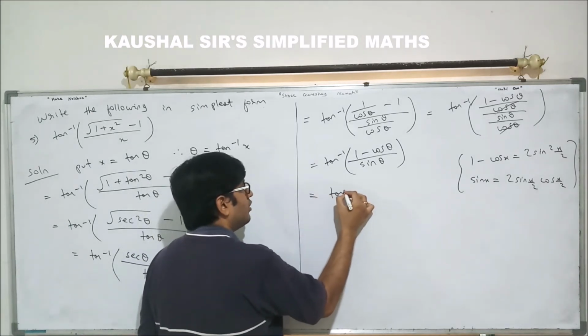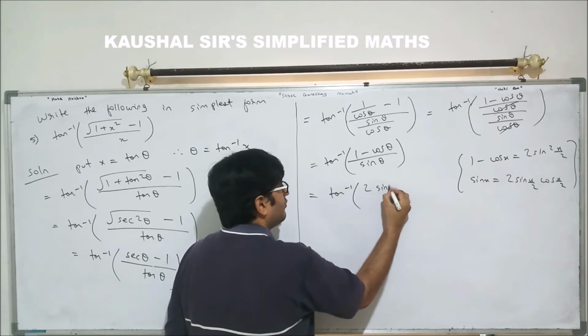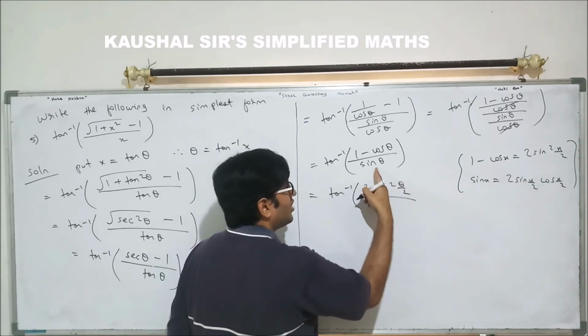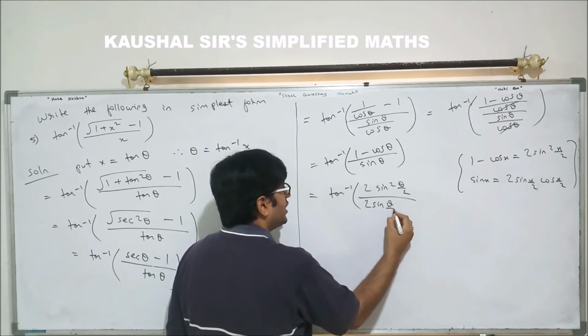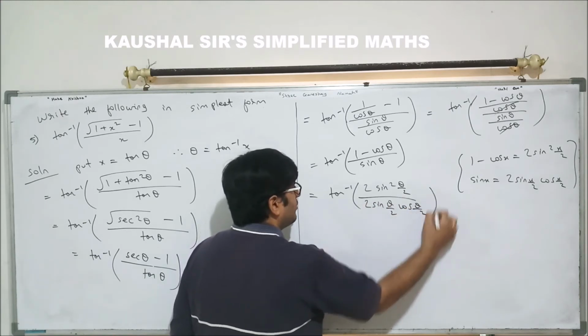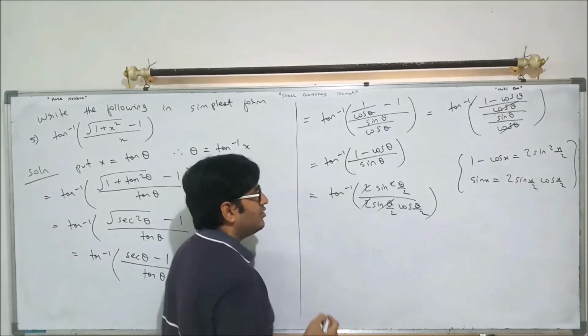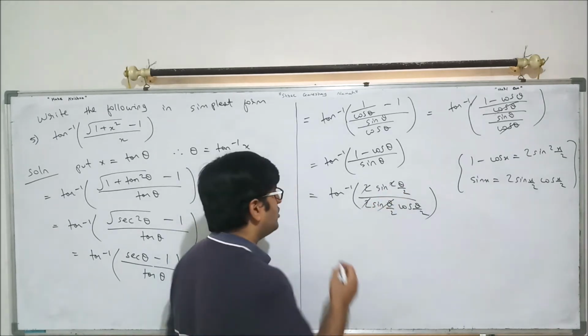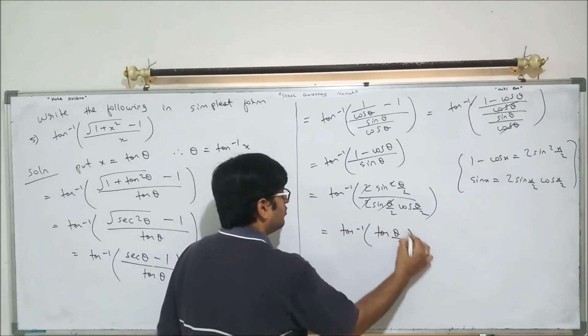You get tan inverse of 2 sin square theta by 2 upon, in place of sin theta, 2 sin theta by 2 cos theta by 2. 2 gets cancelled, one sin term gets cancelled, so you are left with sin theta by 2 upon cos theta by 2. So we can say which is tan inverse of tan theta by 2.